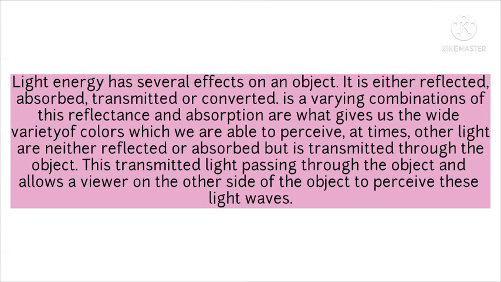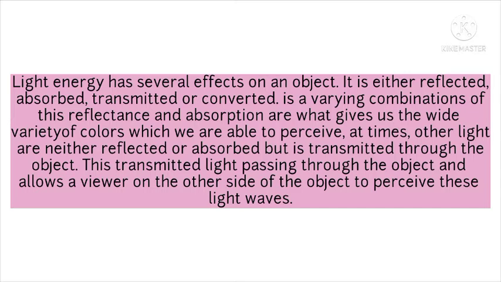Light energy has several effects on an object. It is either reflected, absorbed, transmitted, or converted. The varying combinations of these reflectance and absorption are what gives us the wide variety of colors which we are able to perceive.